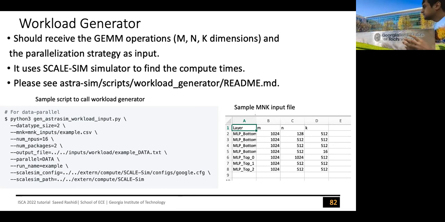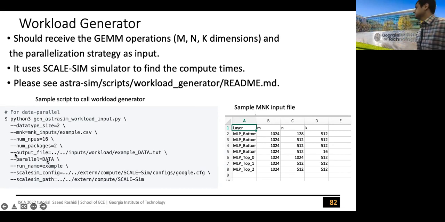To get the compute times for that, it uses SCALE-Sim. And it automatically finds out the communication type and communication size that you need for each layer of that DNN model, depending on the GEMM sizes and the parallelization strategy that you have used.